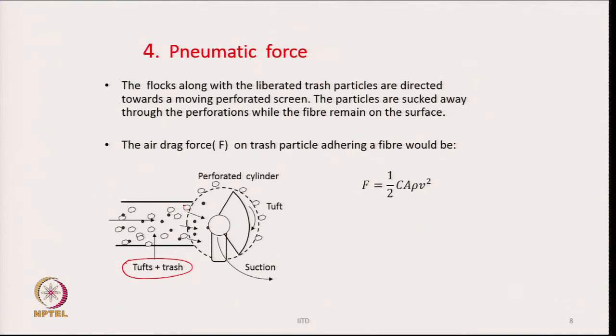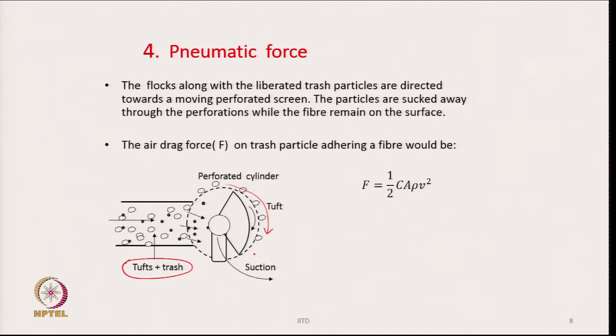So, they will remain on the surface of the cylinder, and the trash particles will move inside, and it will be dust-laden air which will be sucked out from this drum, and the tuft will be staying on the surface of the perforated cylinder, and then they will move along with the cylinder, and finally they will be dropping at some other place.